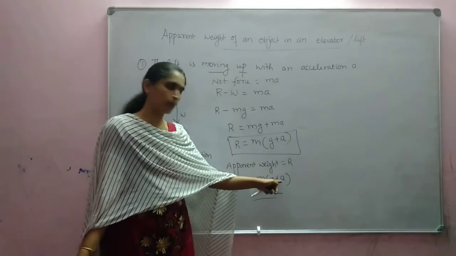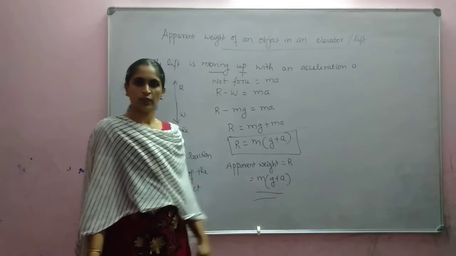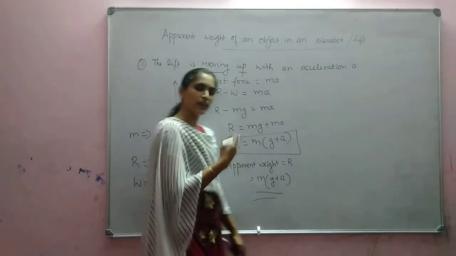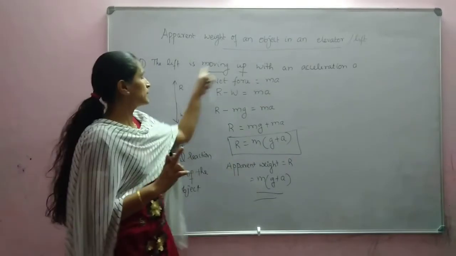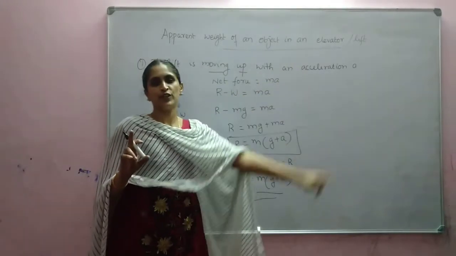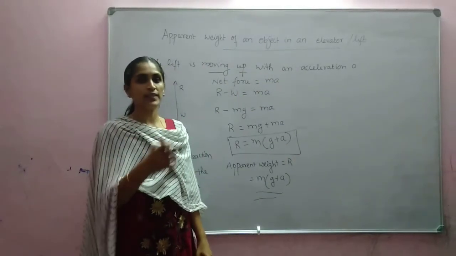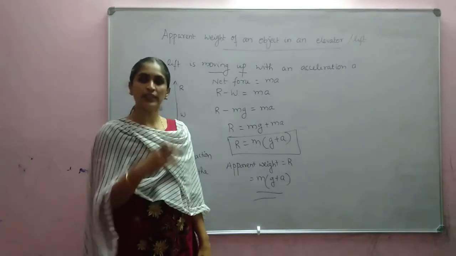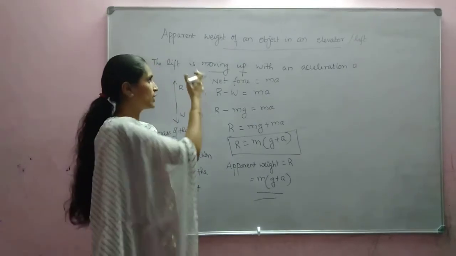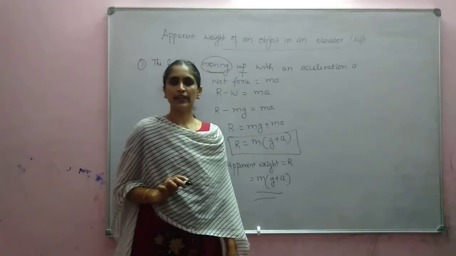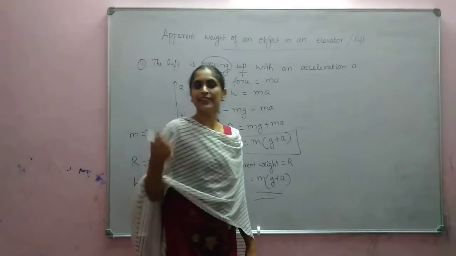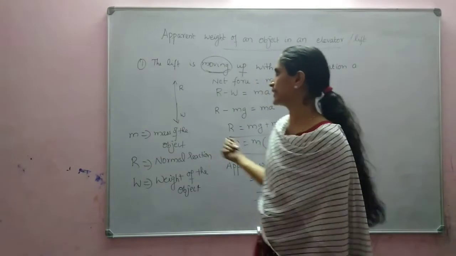Because mg plus ma it comes. So apparent weight will be more than the actual weight if the person is in a lift moving with an acceleration a in upward direction. Is it clear? And now we will discuss the next case. Okay. What is the next case?